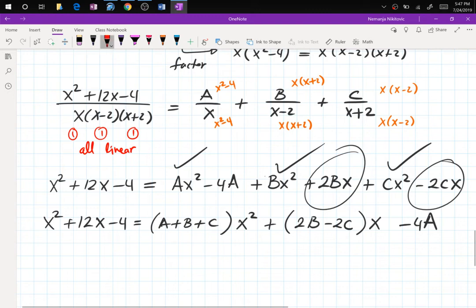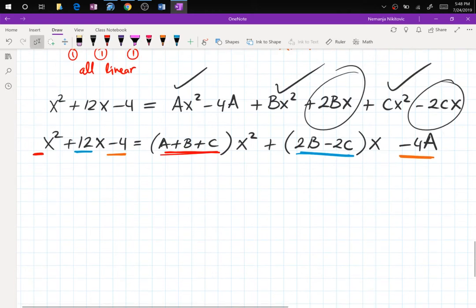Time to bring your colors. The coefficient of x squared is 1, and that's all of this. The next one is, let's say, blue, in front of x. And the next one, let's go orange: constant, no x's. So your job is to pile up all x squareds, pile up all x's, and pile up all without x's, and then you just compare the left and the right.